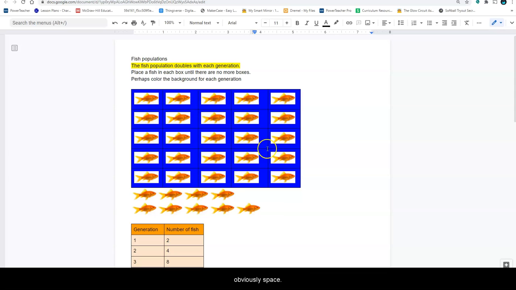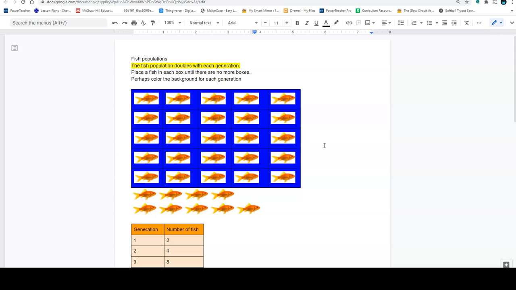Well, obviously space. But if there's too many fish, just as much as there were too many people at the place where you live, if you keep on inviting twice as many people, the next time there's probably going to be a little bit of competition for space, for food, for water, just competition between you and other people to be able to do certain things.